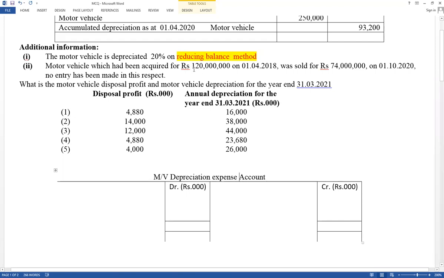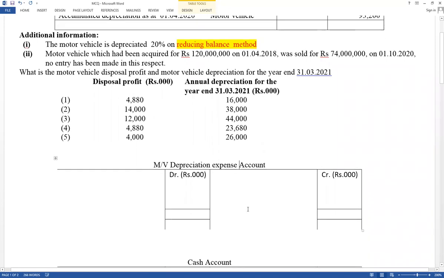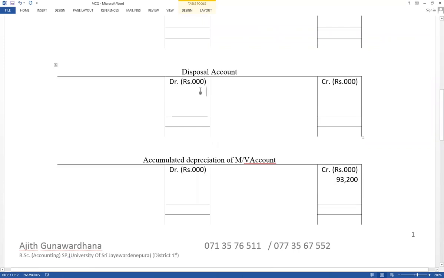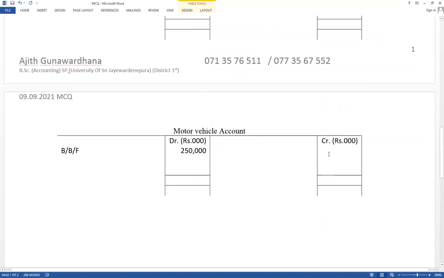Therefore, 120,000 motor vehicle account credit, disposal account debit. This is the cost value. Record it: disposal account debit as a motor vehicle, and motor vehicle account credit 120,000 as a disposal.